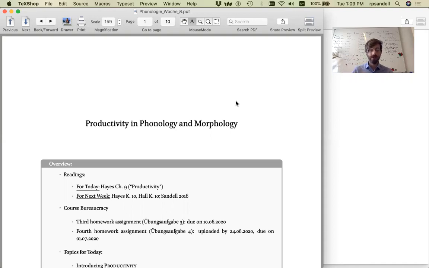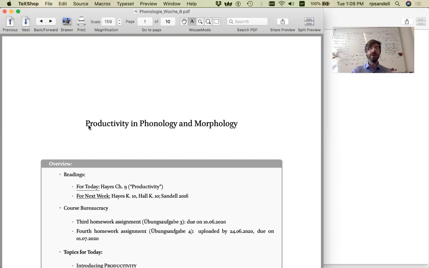But as we go on, we'll look more at so-called prosodic phenomena, that is phonological phenomena above the level of the segment. We've already seen extensive interactions between phonology and morphology, but we'll also look at the interaction between phonology and syntax as well.